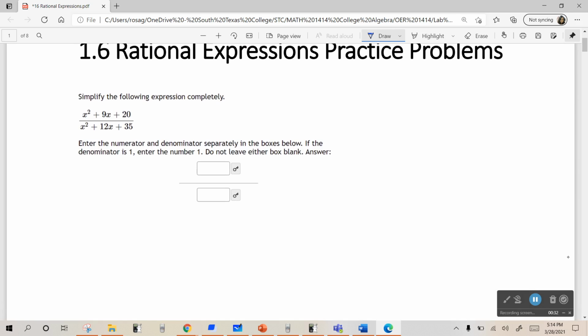So if I take the first one, I can do the quadratic formula and get the answers, and that will help me to factor them.